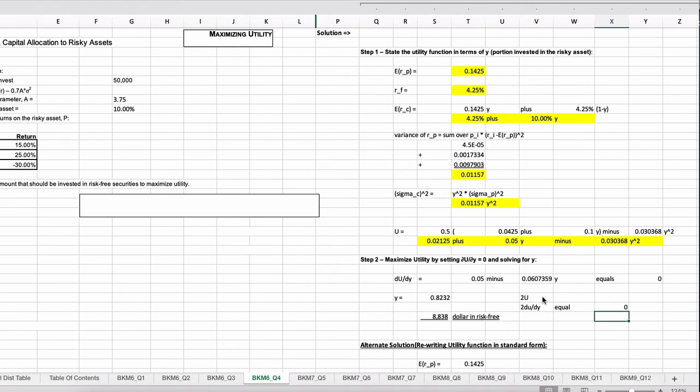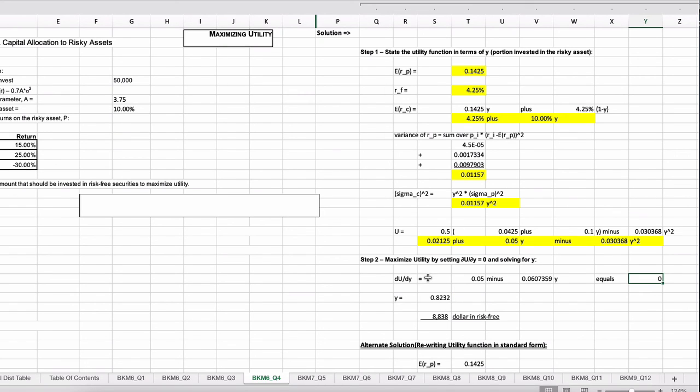Divide both sides by 2. It becomes dU/dY equals 0. That's why we can ignore the factor 2 in the first solution and use the standard formula to find Y. Now let's go back to Fox's solution.